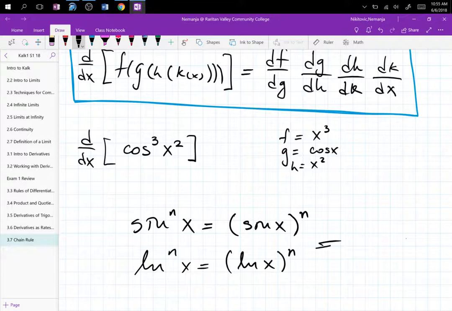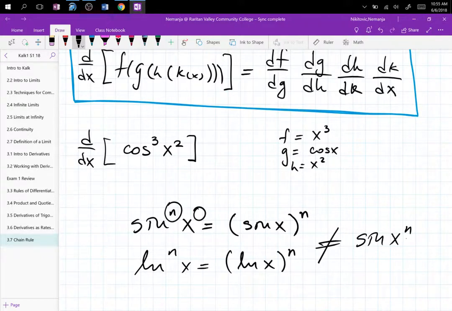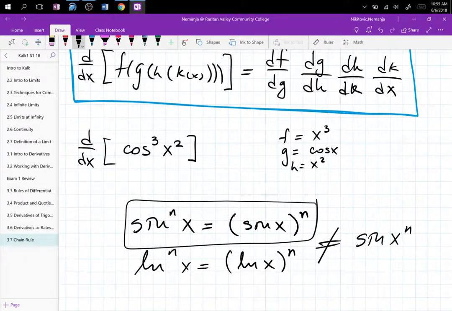And these are different than saying sine x to the n, because the top one will say sine times sine times sine, where the other one is sine of x times x times x. So it is important whether this n is here or here, right? It's a completely different function. Now, these two notations are the same, and this one will be different than those. So make sure you are able to spot that right away.